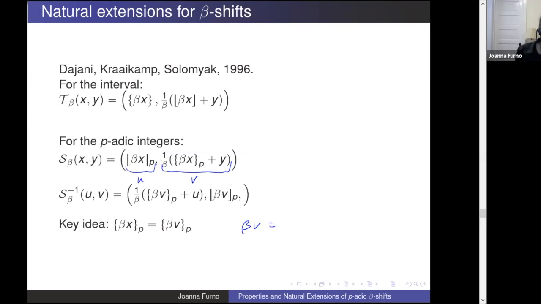It's going to be u divided by beta, so it's the fractional part of beta x plus y, and this y is a p-adic integer, right? So what's the fractional part of this going to be? You're going to drop your integer part, and it's just the same as your fractional part of x. That's really the key idea when you're trying to go through these formulas, plugging one into the other to show that you get back to your original coordinates. That's mostly what you're using.